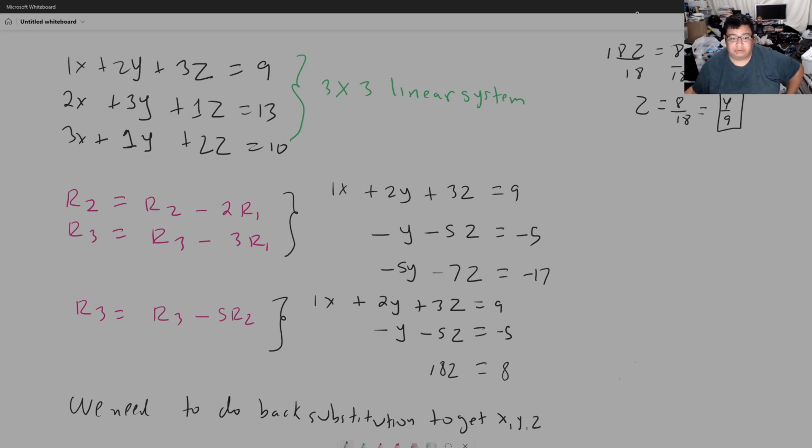Now we need to do the second one, so it will be negative y minus 5 times 4 over 9 equals negative 5. So that would be negative y minus 20 over 9 equals negative 5.